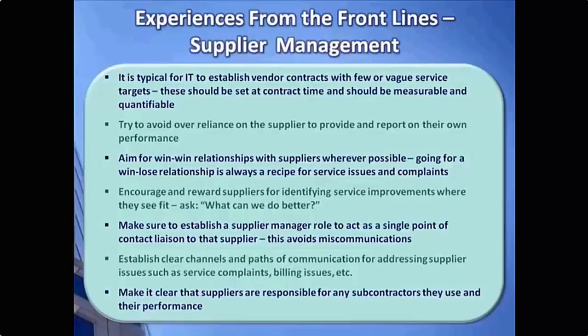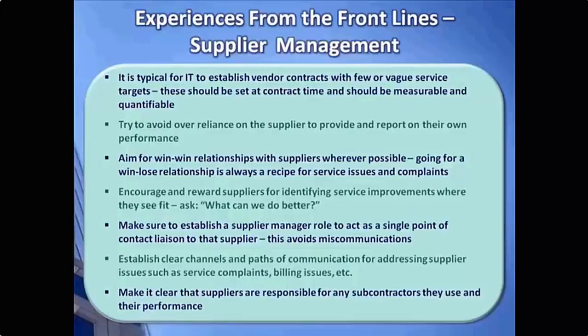Make sure you encourage and reward your suppliers for proactively identifying service improvements where they see fit. Ask your supplier, what can we do better? What do you guys see from your perspective that will help us deliver better service or make your delivery much better in terms of quality? So don't be afraid to bring the suppliers into those questions and include them in your continual service improvement efforts as you go forward.